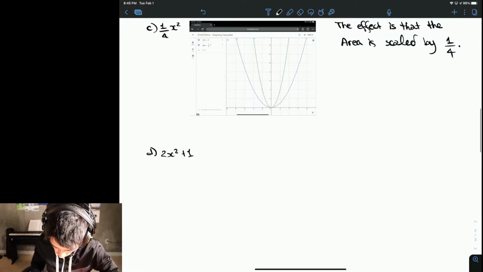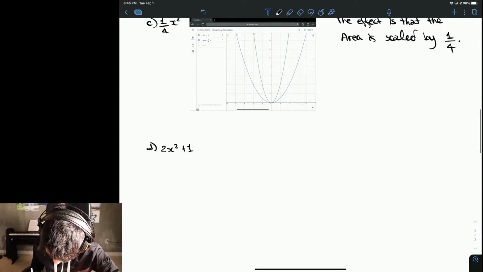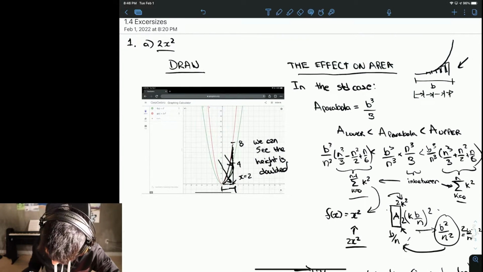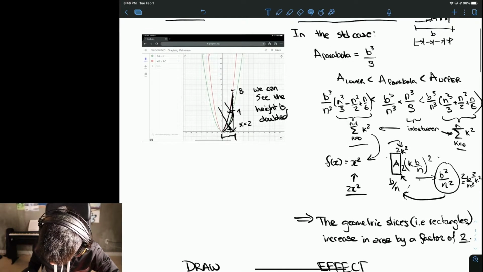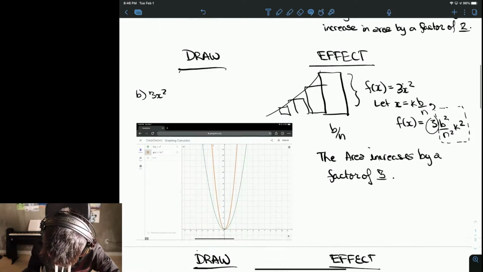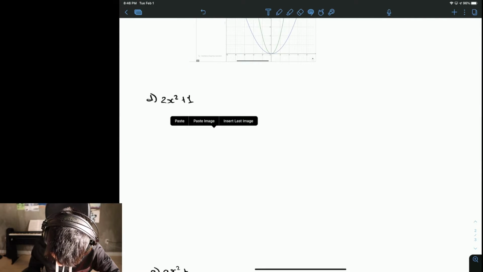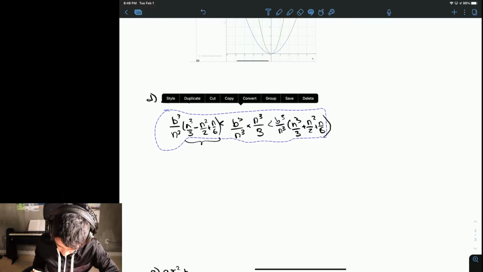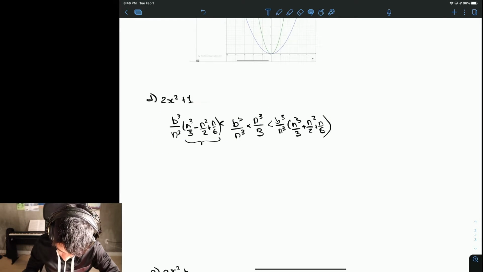So 2x squared plus 1. What we don't know is what the plus 1 does. If we have, like I said, that series before, this construction right here, I'm just going to copy and paste this.